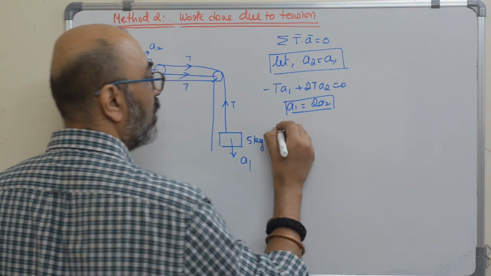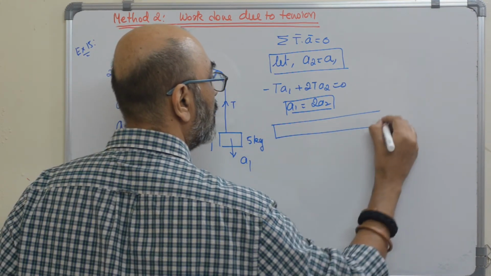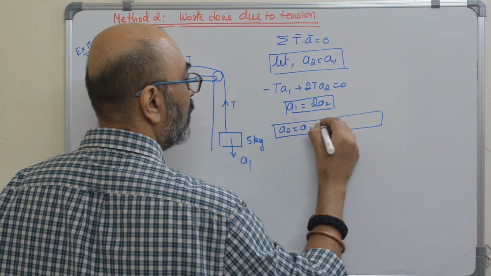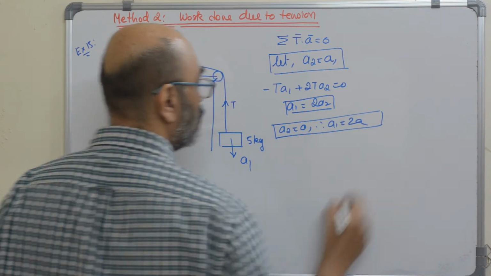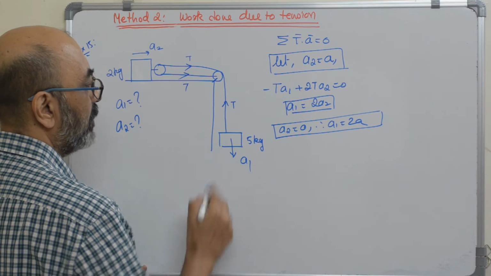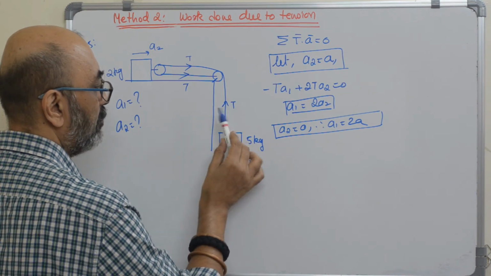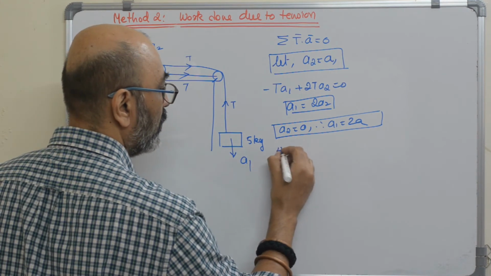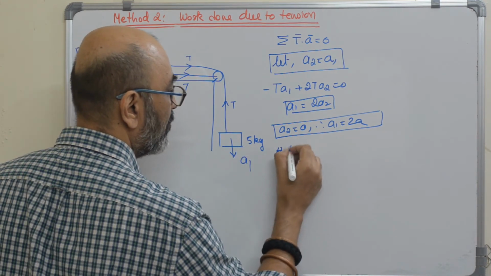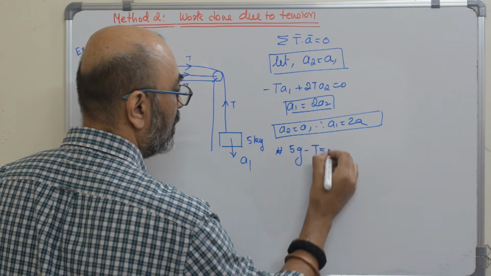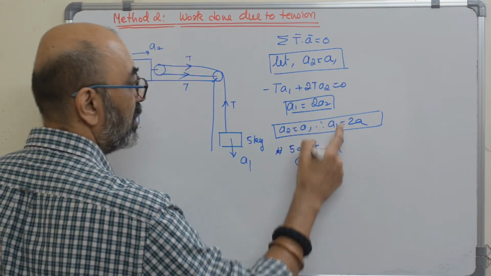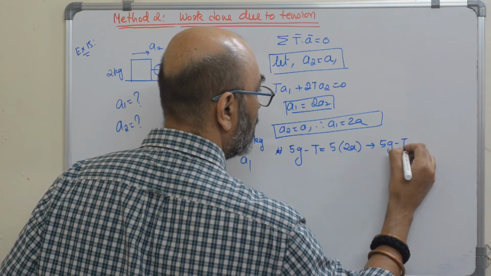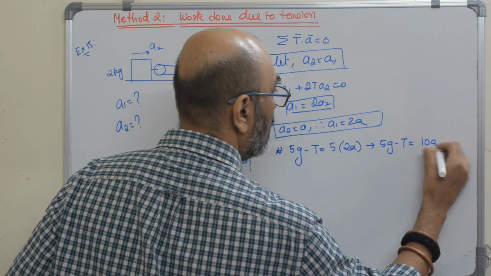So from here our conclusion is what? That we have shown that A2 is A, so therefore A1 is 2A. Free body diagram here. T is there up, accelerating down, mg will be down, so we can write for this, 5g minus T is 5 times A1, A1 is 2A, so we will get 5g minus T is equal to 10A.